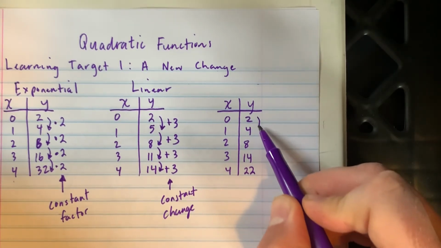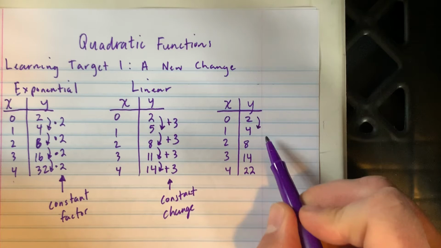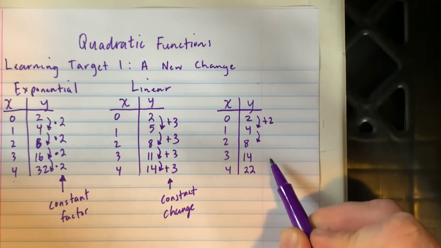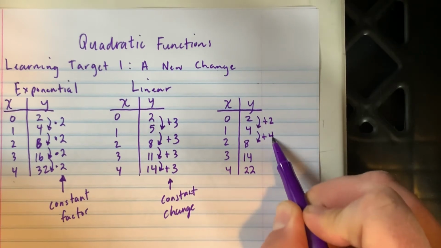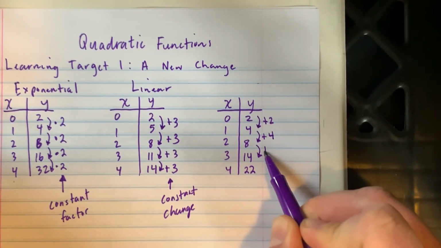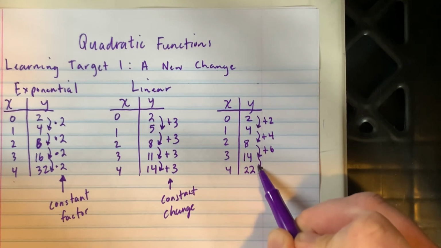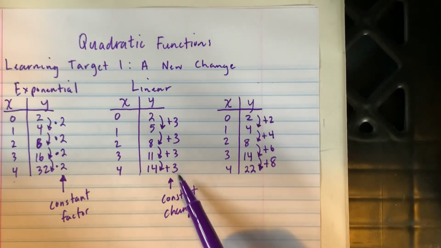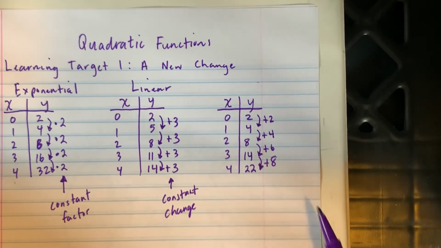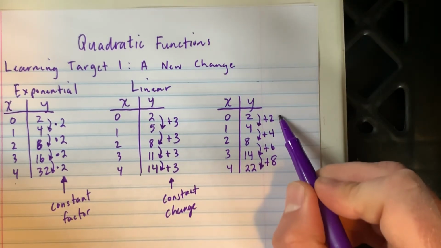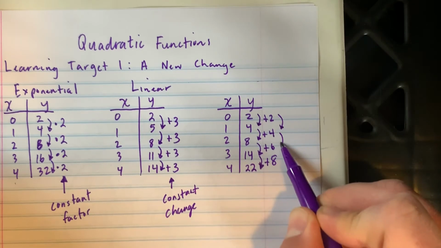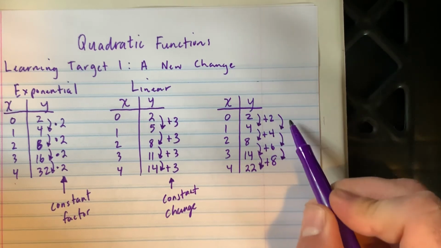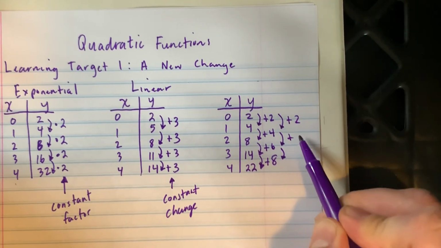If it's not a constant factor, I'll look, does it have a constant change? You can see this goes up by 2, this goes up by 4, this goes up by 6. So we do see a pattern here. We don't see a constant change like we do over here with linear functions, but we do see a pattern here. If we go another, I guess we'll call this another change. If we look at the change of the change, we can see that it is a constant.